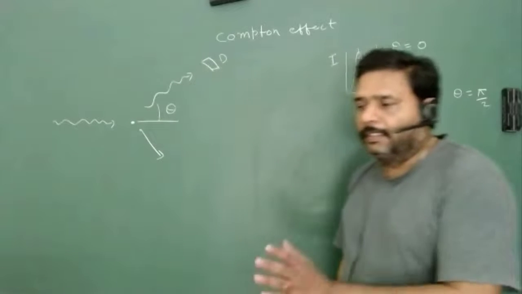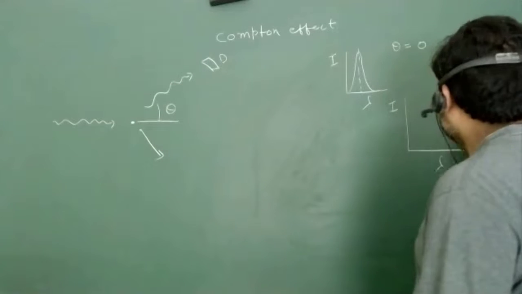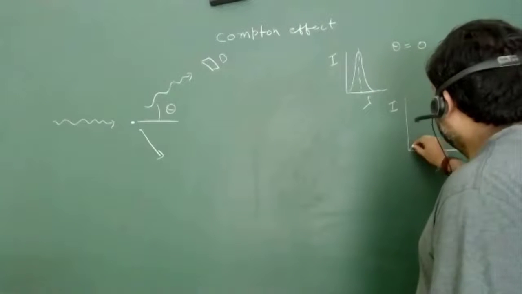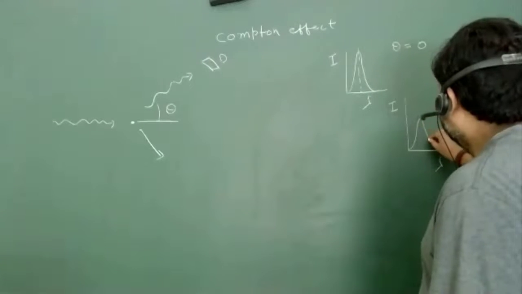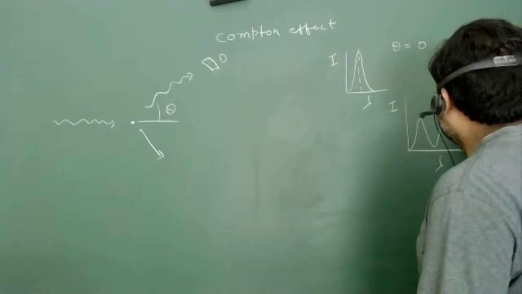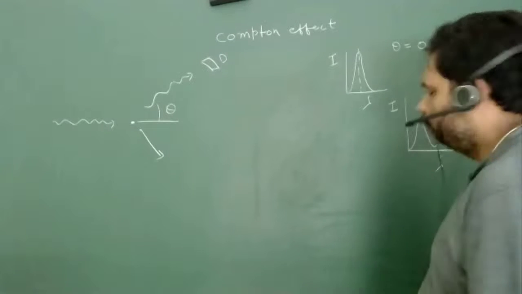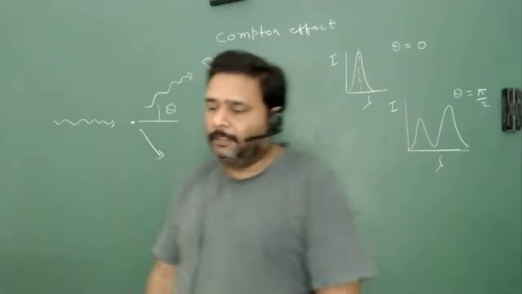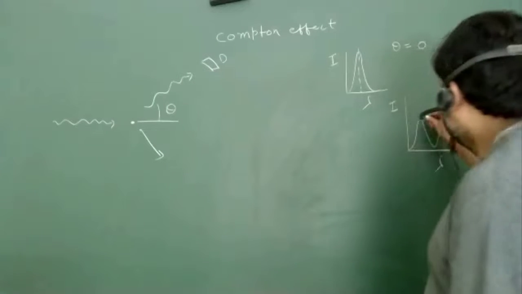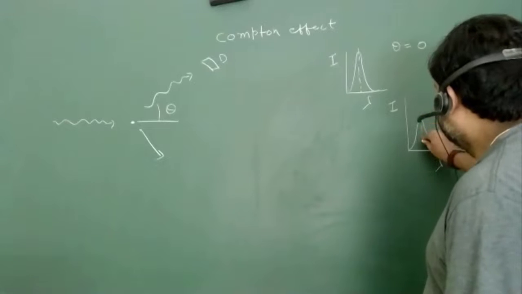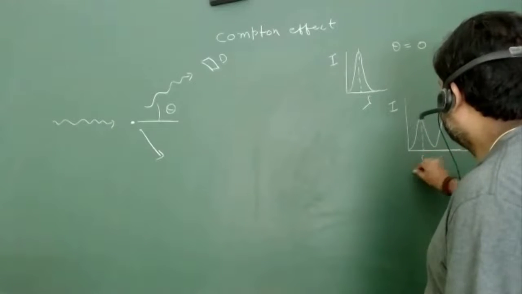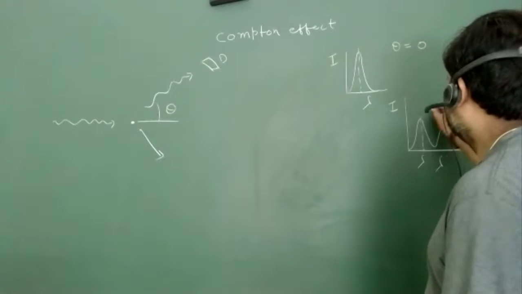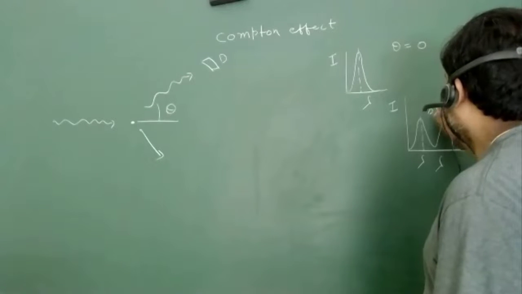For theta equal to pi by 2, we see not one peak but two different peaks. One peak has exactly the same wavelength lambda, and the other peak has a sufficiently different wavelength, shifted by delta lambda.